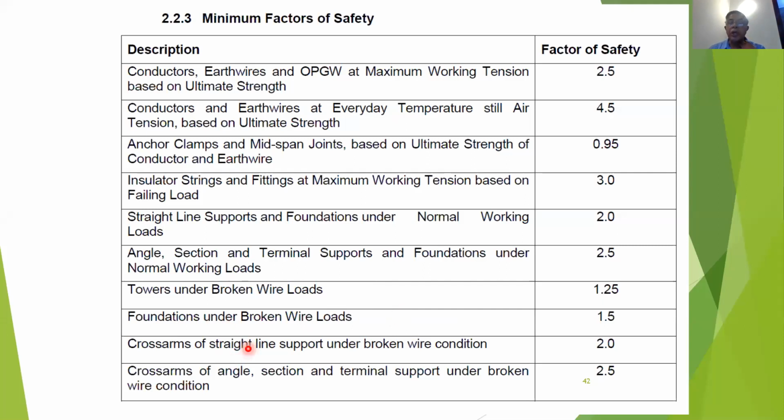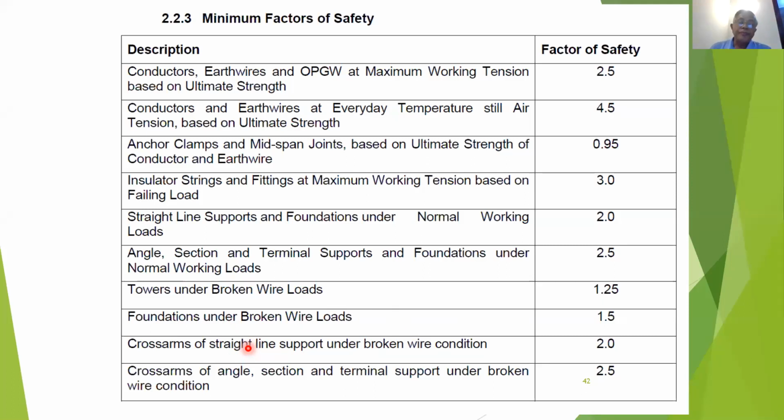Now, we presented, okay, she can derive the tower loading report on preliminary design that we are using to see whether our selected towers are okay on normal conditions and broken wire conditions.